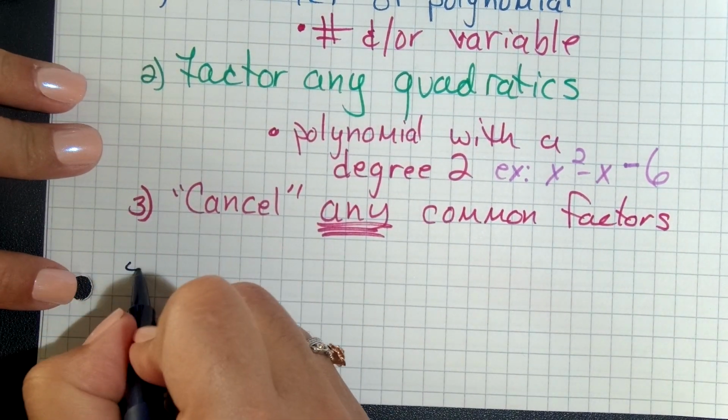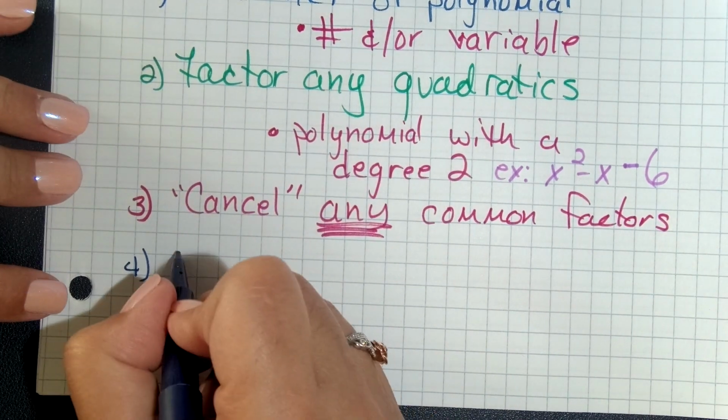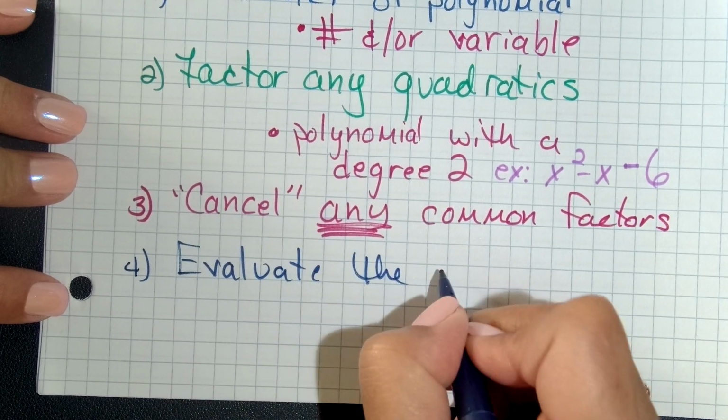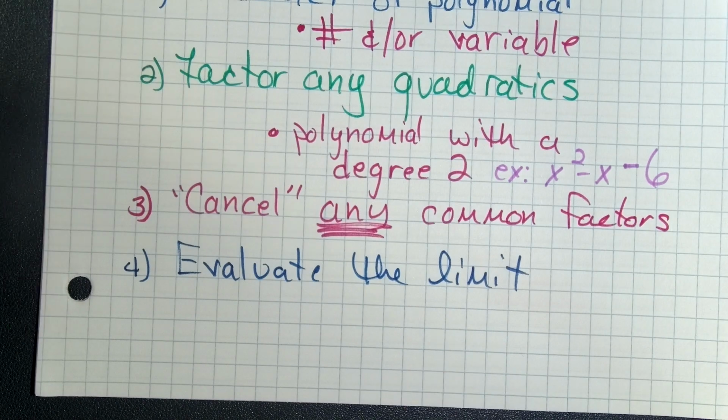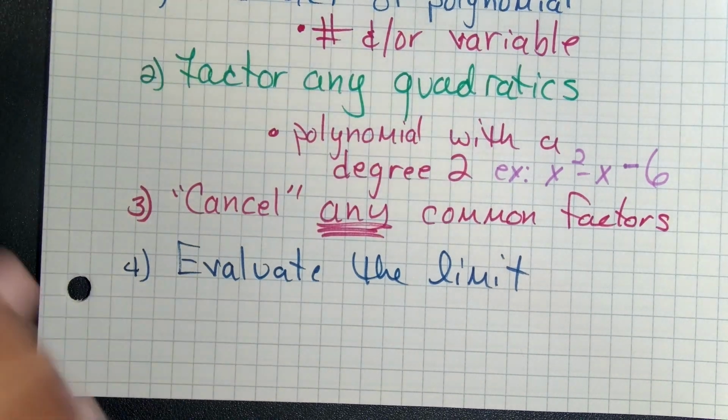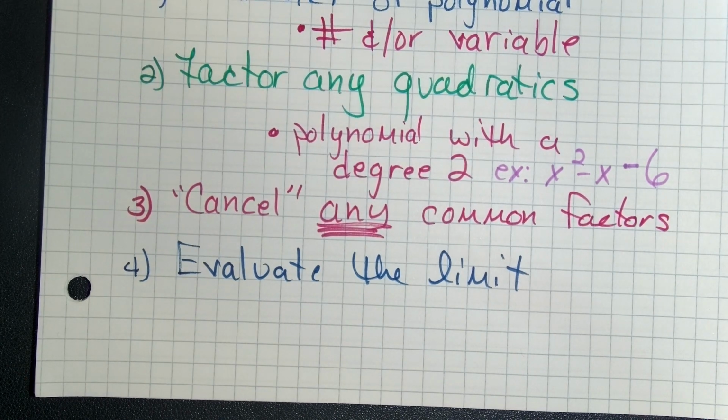And then last but not least, our final step is you're going to evaluate the limit. What does evaluate the limit mean? So when we've canceled out the factors, what do we do then?